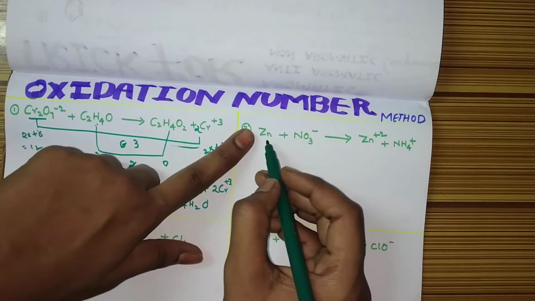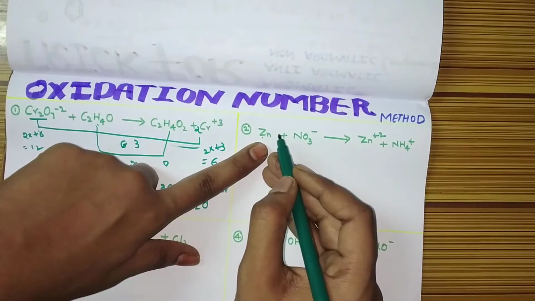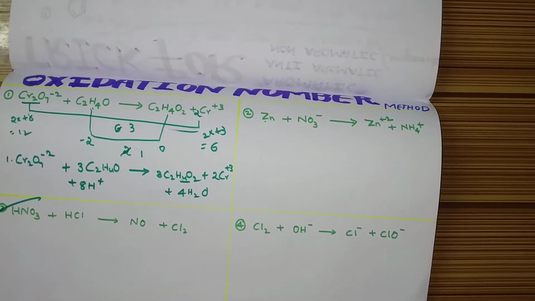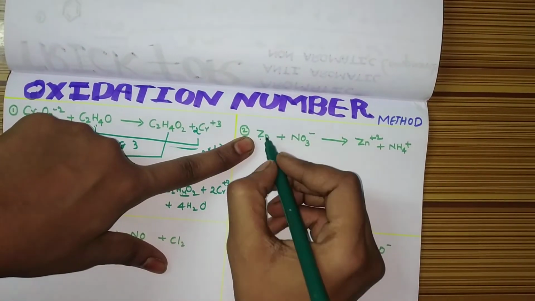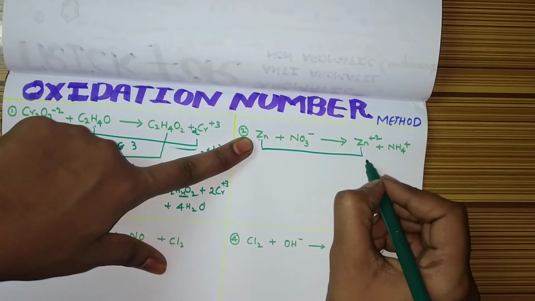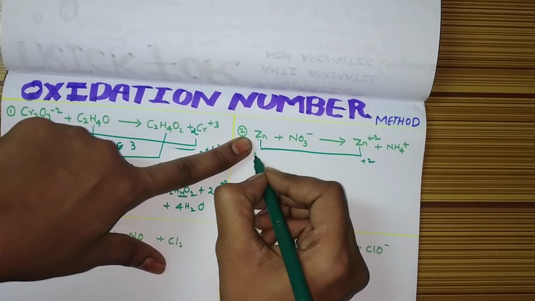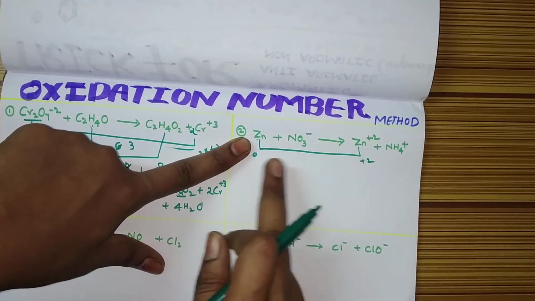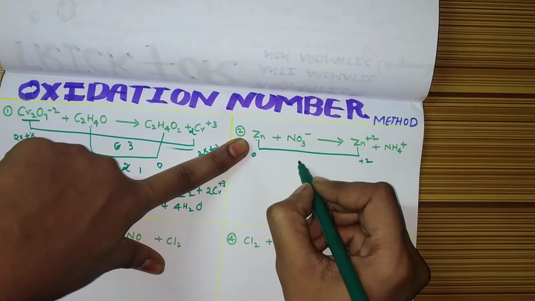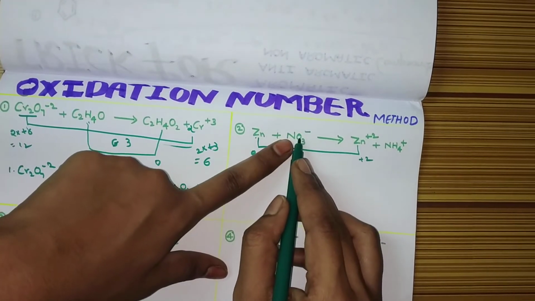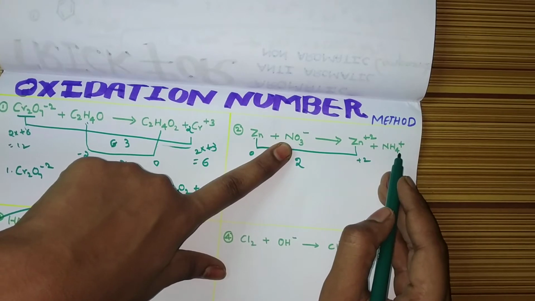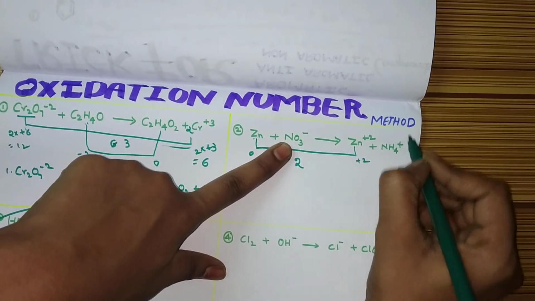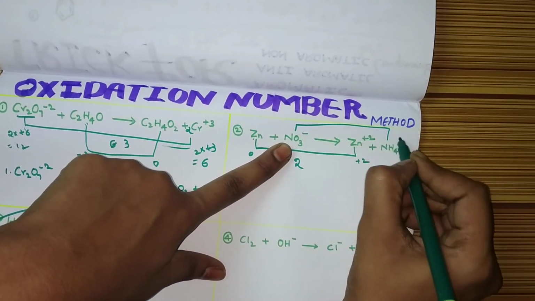Zinc 2+. Same number of zinc, right? See here, zinc 2+. What is the change in oxidation state? Here +2 is there, here 0 is there, so 0 to +2, the change is 2. Here nitrogen oxidation state is +5. Here +4 minus 3... Here -3.